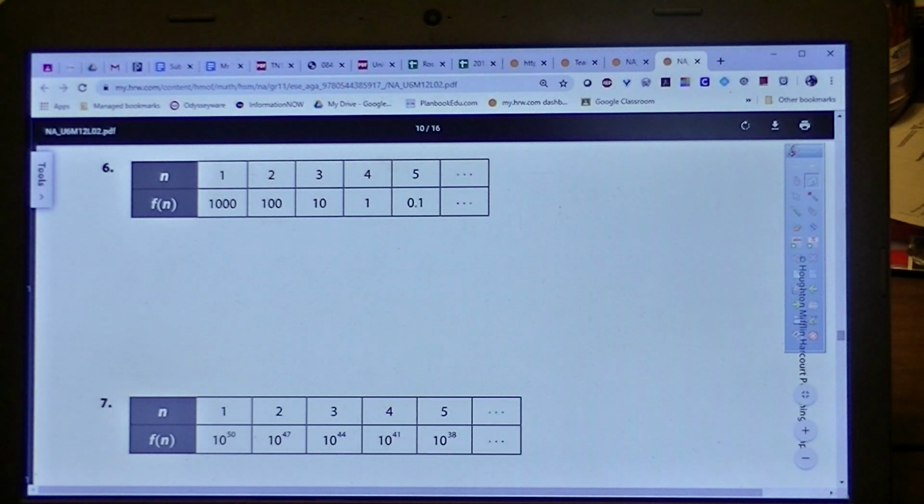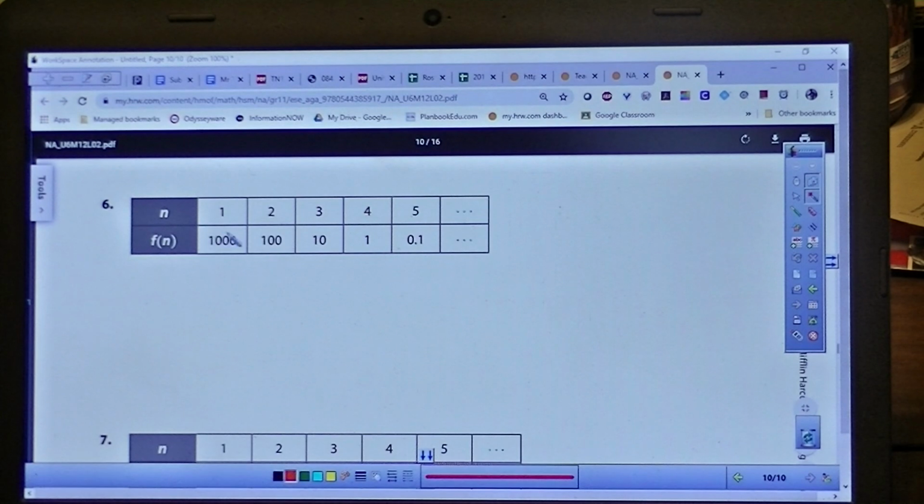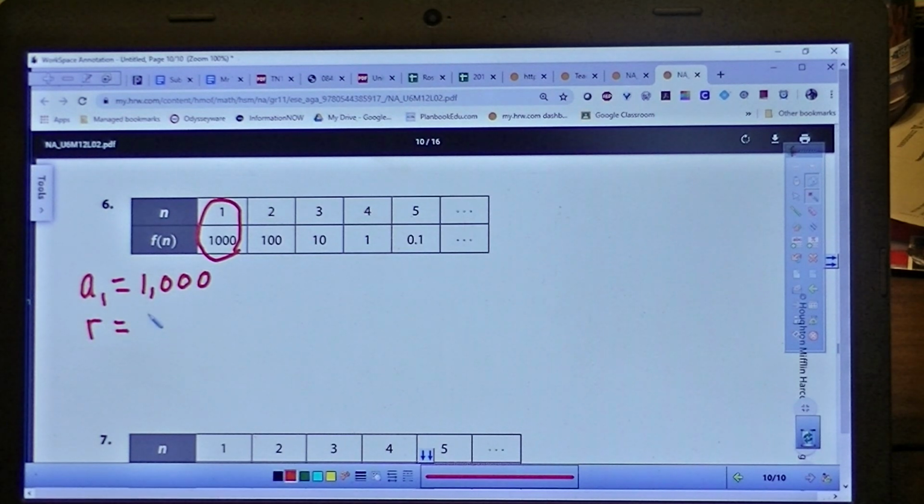Okay, it looks like we got one that actually starts at 1. So we're going to start with this one right here. A sub 1 equals 1,000. Our value would be 100 divided by 1,000.